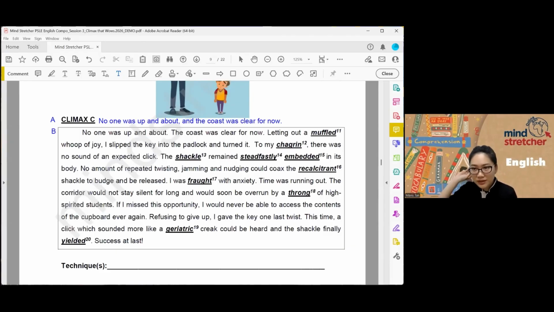B. So some of us, when we see, we intuitively know it's B. I don't know why, but it just works. So you need to know why so that you can replicate this. A short sentence, no one was up and about. The coast was clear for now. It suggests alertness.